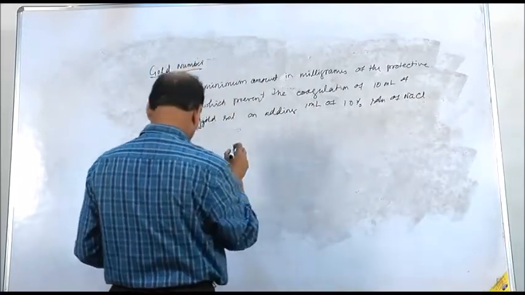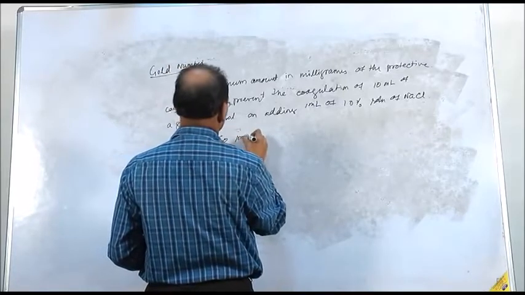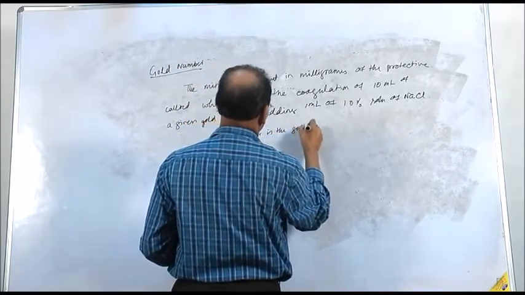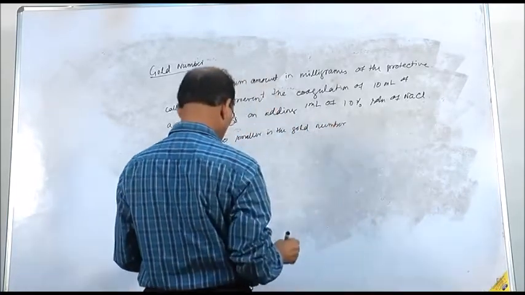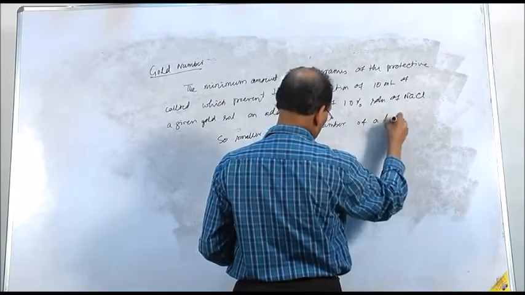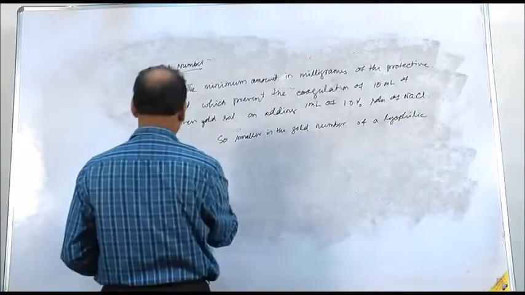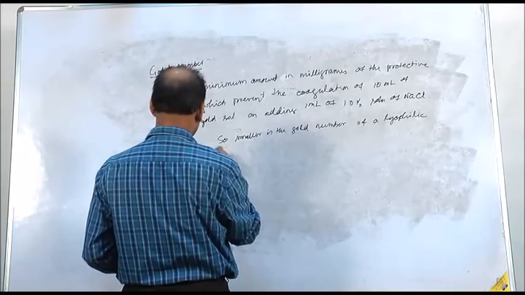So, the smaller the gold number of a lyophilic colloid, the greater is the protective power.